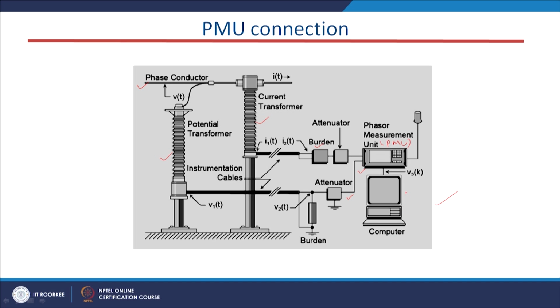A computer is connected to the PMU interface to analyze the data, the voltage and current phasors or instantaneous values, or even, if the PMU is customized properly, it can also record the frequency and the rate of change of frequency. So, this computer records and displays the voltage and current data.